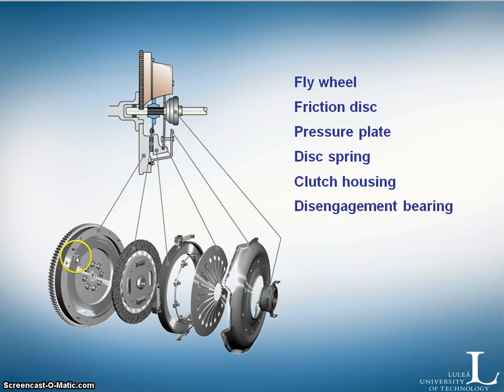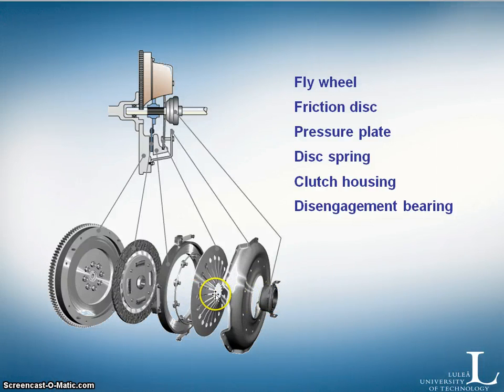You have the flywheel close to the engine, you have the friction disc, and you have the pressure plate which presses these together. You have a disc spring that presses it together, and you have a disengagement bearing. This is what you use when you are pressing the clutch pedal to disengage the clutch.